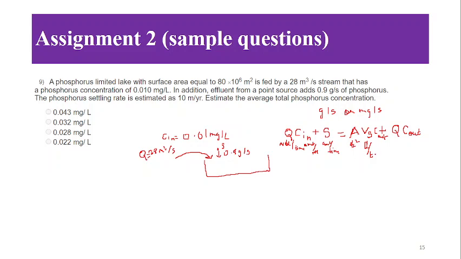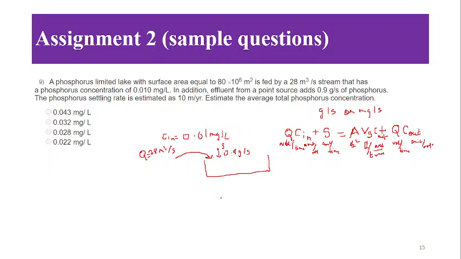So this is length cube per time, and this is amount per volume. So this is volume and this is volume, so it gets deducted. So amount per time, and then this is again volume per time, and this is amount per volume. So the overall unit of this relation will be amount per time, or gram per second or milligram per second.